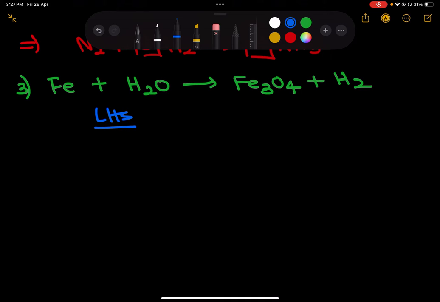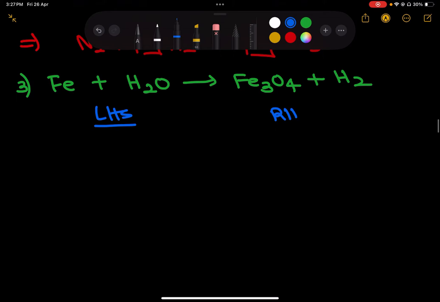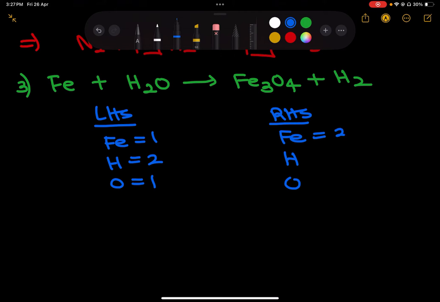So this is iron plus water gives iron oxide plus hydrogen. Okay, so LHS, RHS, we have Fe, H and O. We have Fe, H and O. So there is one Fe, 2 hydrogens and 1 oxygen. There are 3 Fe's, 2 hydrogens and 4 oxygens.